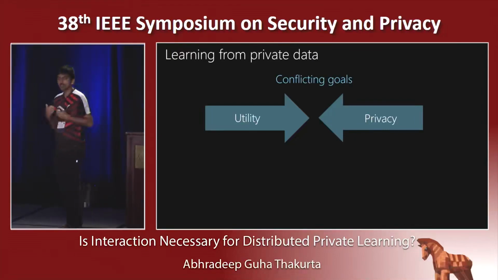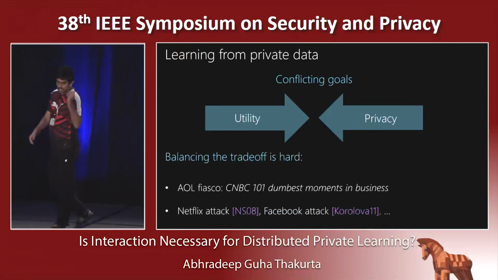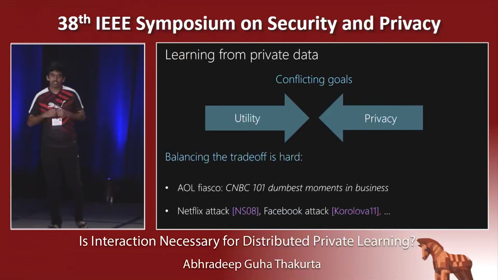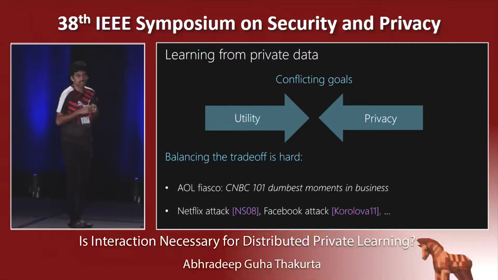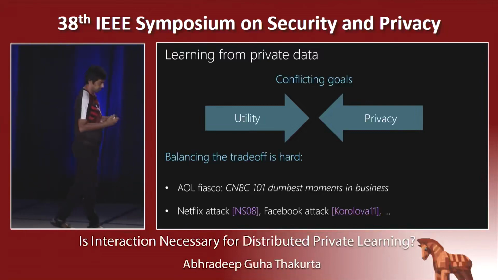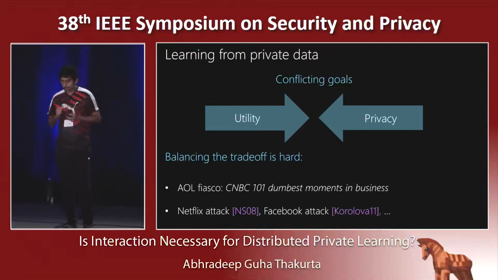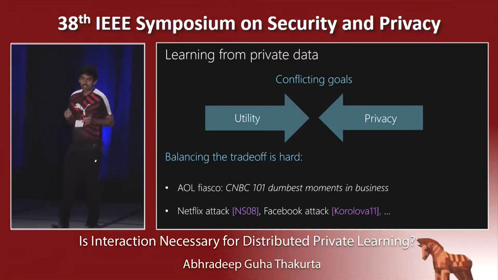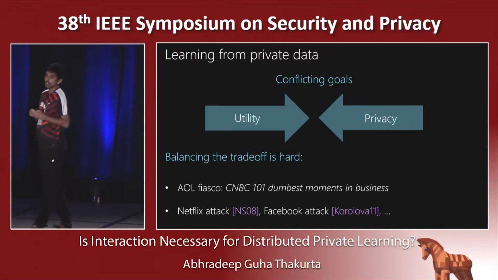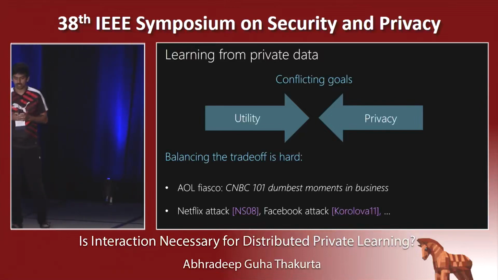At the same time, you want to protect the privacy of the individual so that you are not overly accurate. And over the years, we have known that balancing this trade-off is hard. There have been a series of attacks which basically forced the community to think about this problem from a more formal and concrete perspective, and hence we have resorted to a formal definition like differential privacy.